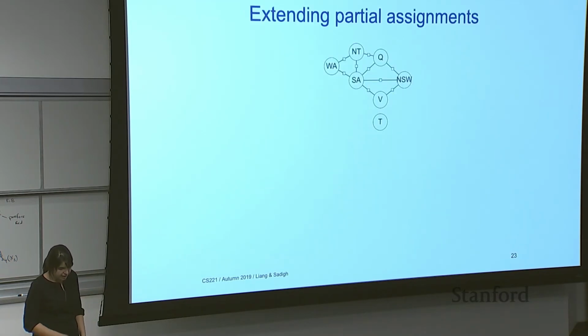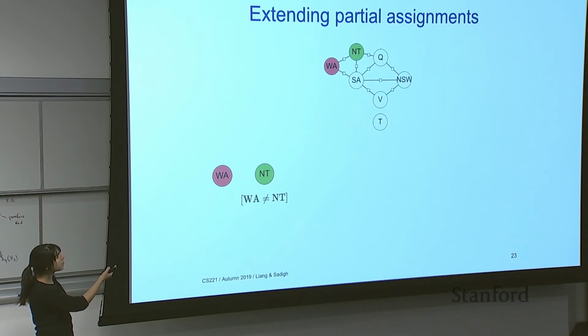Okay, so let's look at an example. Let's just see how we would do it normally, like if we wanted to solve this. If I was solving this, I would pick one of these nodes or variables. I would pick WA. Maybe I would say, well, let's just pick red. Let's see how that goes. And then I would go to a neighboring node like NT. And I do have a constraint. The constraint is WA and NT should not be equal to each other.